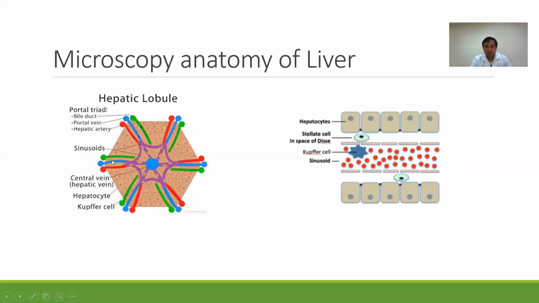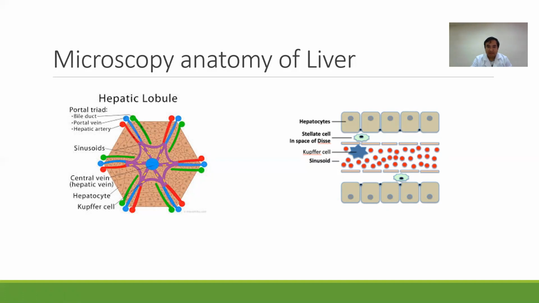Now, as I have told, this is a hepatic lobule, and the central part of the hepatic lobule is occupied by the central vein of the liver. From the central vein, you can see the vein going and connecting with the portal vein. And here the sinusoids are present, which are lined by the endothelial cells.